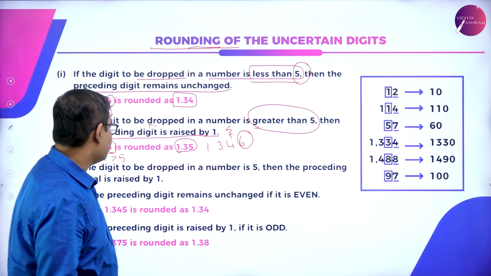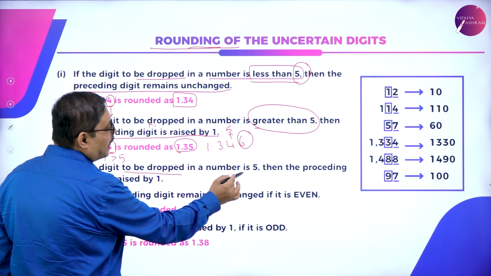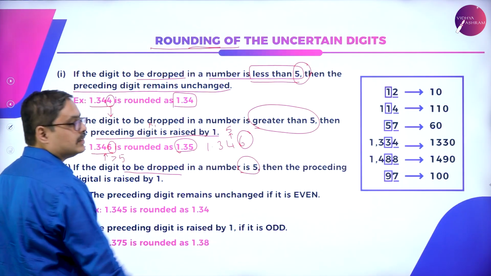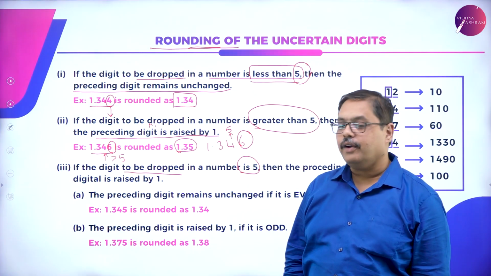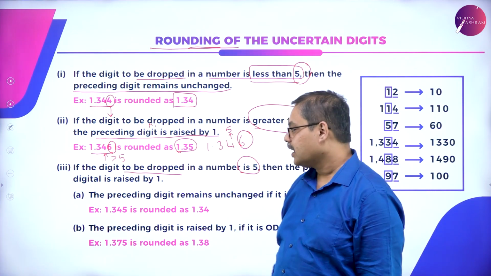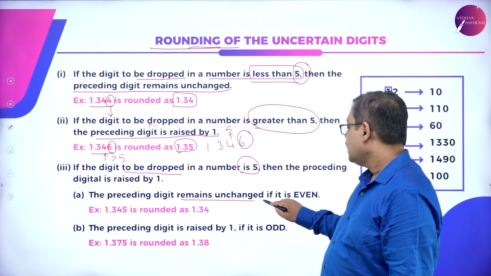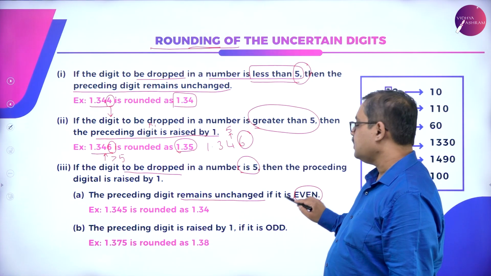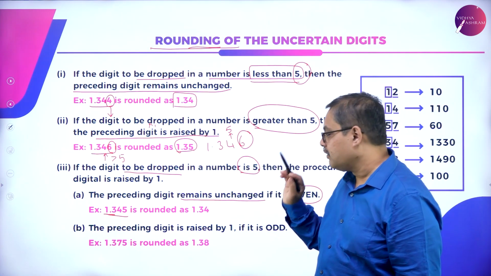That is an interesting case. If the digit to be dropped in a number is exactly 5, what do I do? I have 2 cases here. Okay, the preceding digit remains unchanged if the preceding digit is even. Take the example of 1.345.